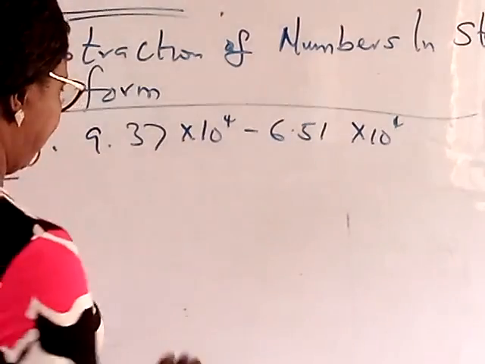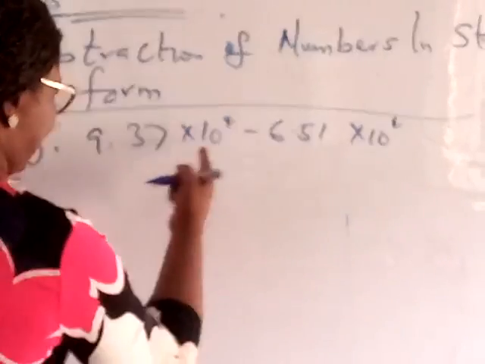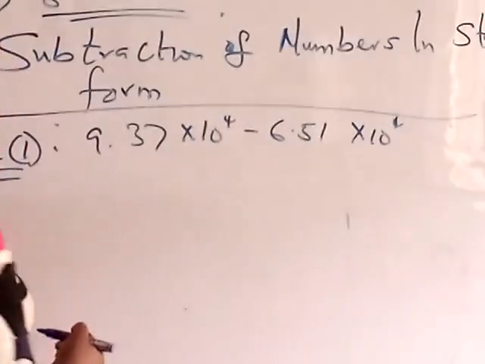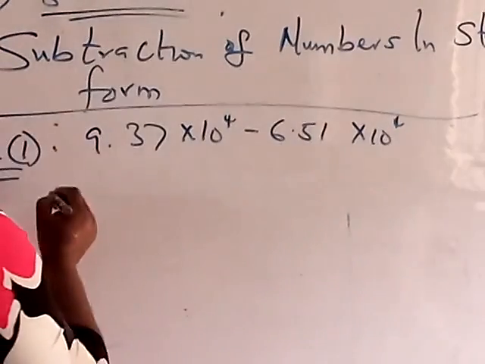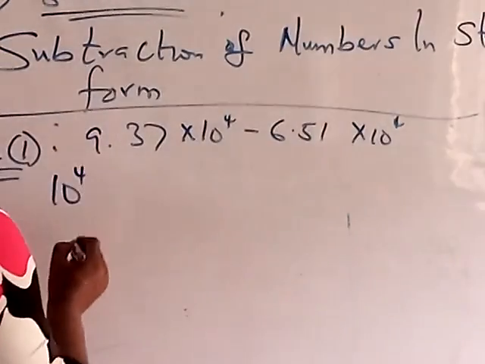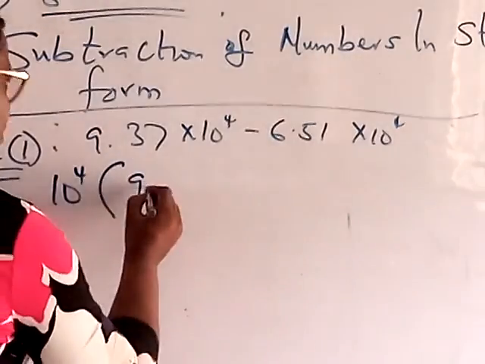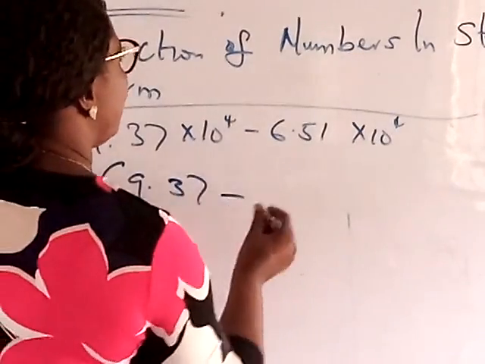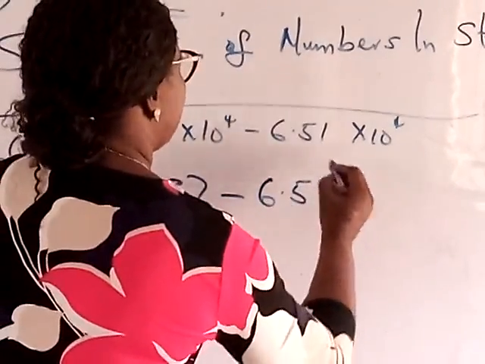Now, solving this, factorizing, you look at it, you have 10 raised to power 4 here, 10 raised to power 4 here, which is common. So using the factorization method, you bring out that which is common. 10 raised to power 4, open bracket, 9.37 minus 6.51.